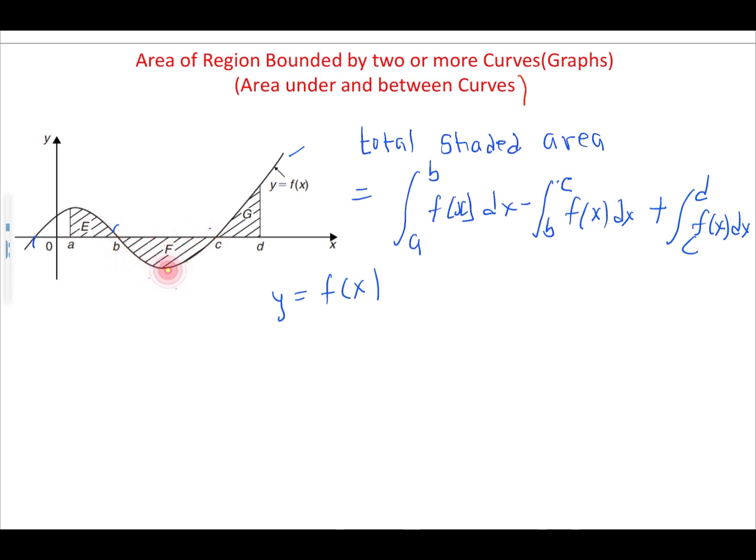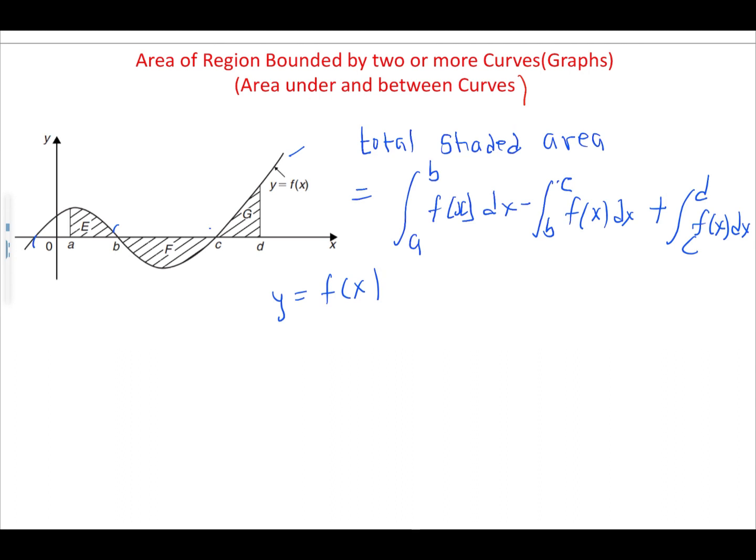From b to c, the area is below the x-axis, so it is negative. And then the last but not the least is c to d. The shaded portion is above the x-axis, and therefore it is considered positive. That is how we find an area bounded by a curve and the x-axis, or areas under and between curves.